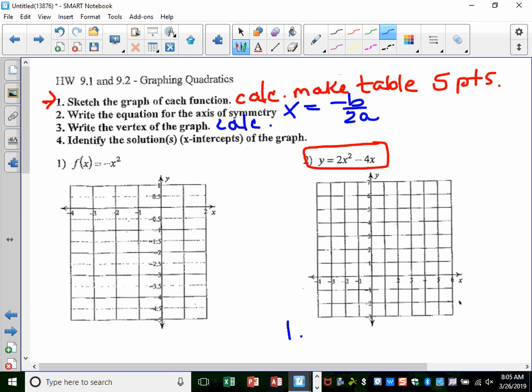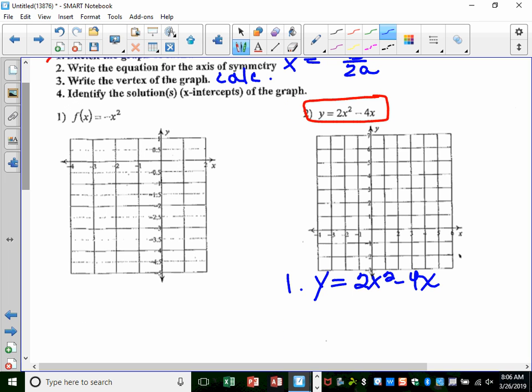Everybody hit your y equals key and put in the 2x squared minus 4x. Then you're going to go to your table, and we're going to make a t-table off to the side. Our standard numbers when we're graphing, we like to use some negative numbers, 0, and some positive numbers.